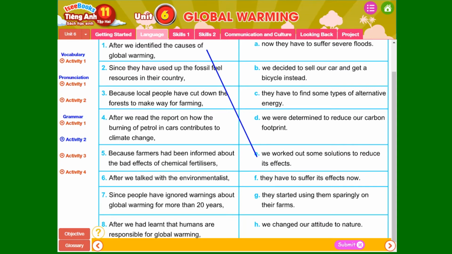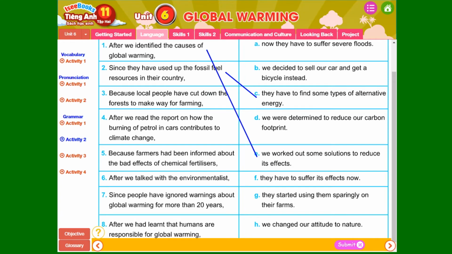Since they have used up the fossil fuel resources in their country, so number 2, we match with C, we have to find some type of alternative energy. 3. Because local people have cut down the forest to make way for farming, so number 3, we match with A. Now they have to suffer severe floods.